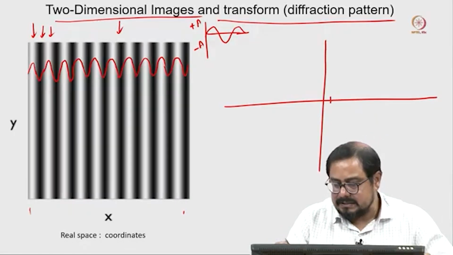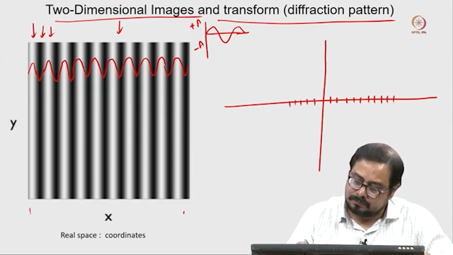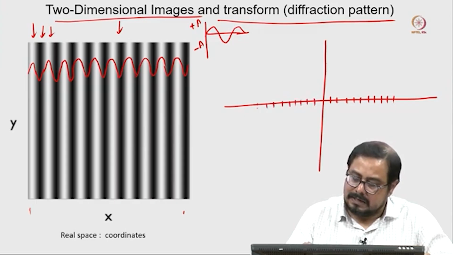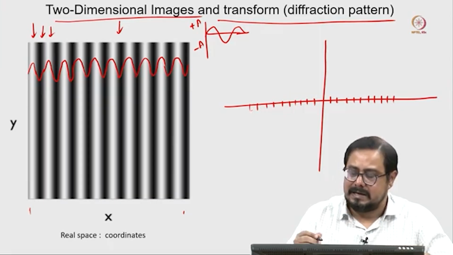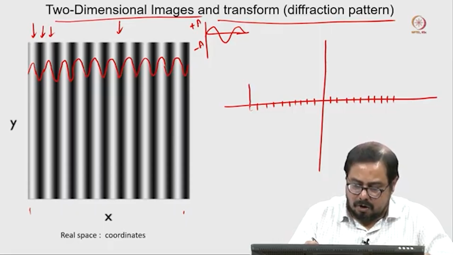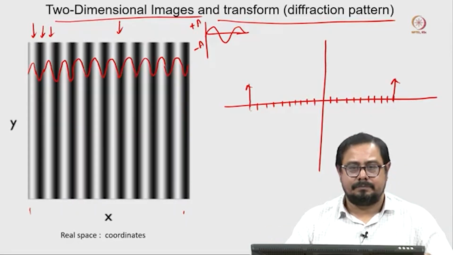So I will count 1, 2, 3, 4, 5, 6, 7, 8, 9, 10, and the same thing in this direction also: 1, 2, 3, 4, 5, 6, 7, 8, 9, 10. So we will plot this one as a bright spot.